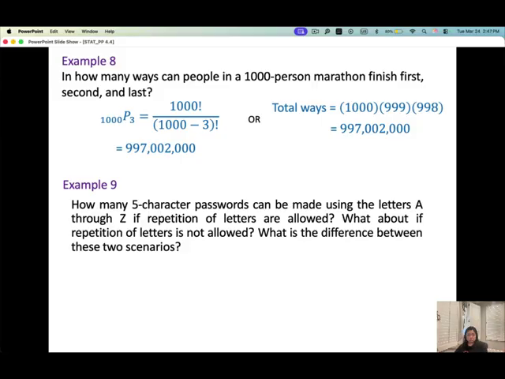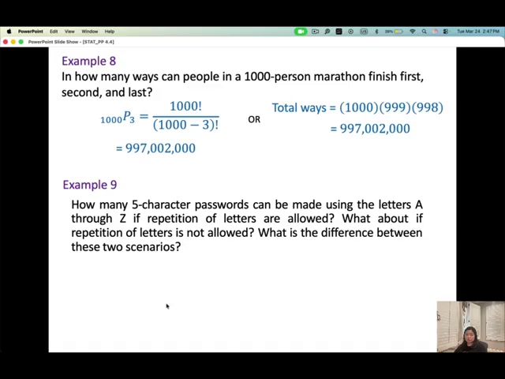Example 9. How many 5-character passwords can be made using the letters A to Z if repetition of letters is allowed? What about if repetition of the letters is not allowed? What is the difference between these two scenarios? So let's try to do the first part. I have 5 letters using the letters A to Z, and the letters can be repeated.